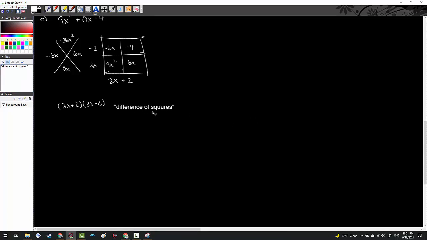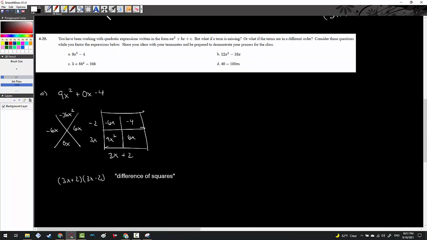And the reason why it's called that is because if you look at the original expression, 9x squared minus 4, if you know your perfect squares really well, you'll notice that 9x squared is a perfect square, and so is 4. This could be seen as 3x all squared minus 2 squared. Now notice the 3x has a relationship with the first terms here, and the 2 has a relationship with these two terms on the back end. It's known as a difference of squares.